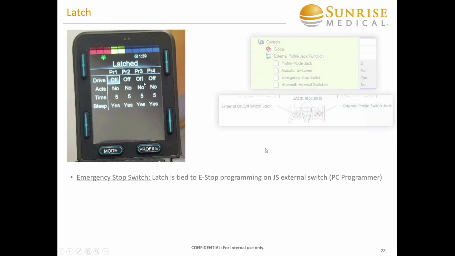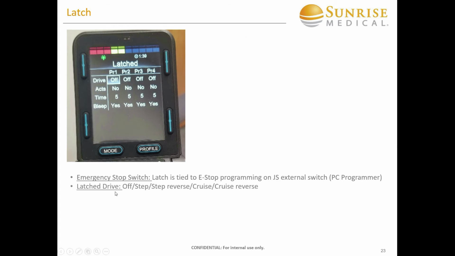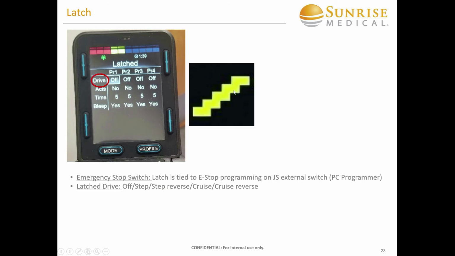Now, if you want to set the drive to latch, you actually have some options. It can be turned off. It can be set to step, reverse, cruise, and cruise reverse. The step actually allows you to see a kind of ladder or stair steps that'll appear on the joystick.